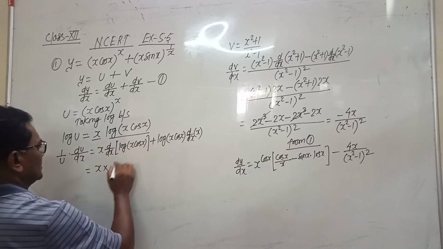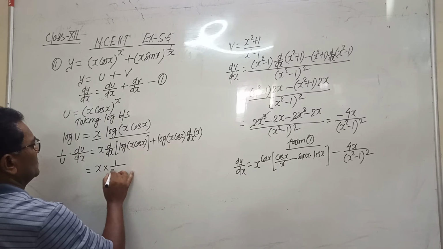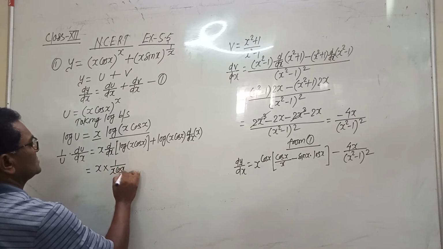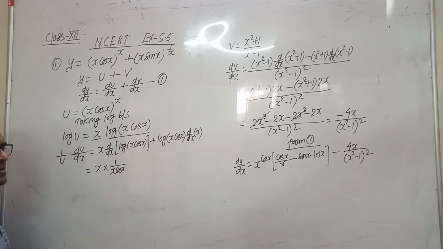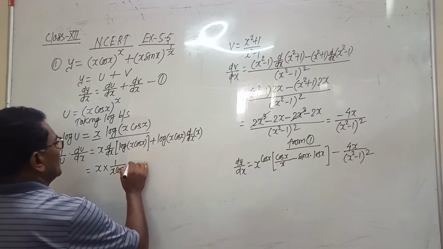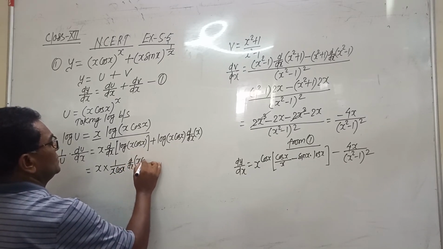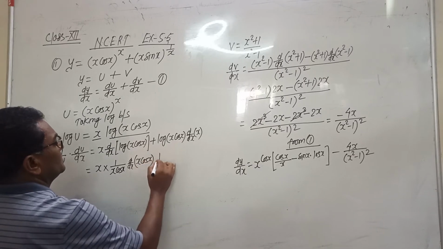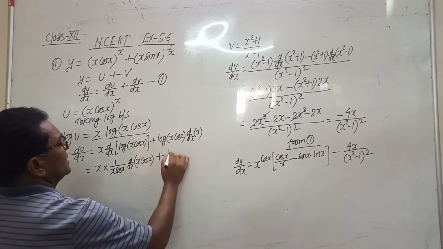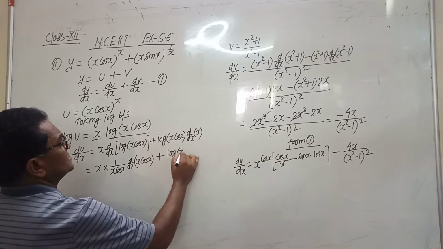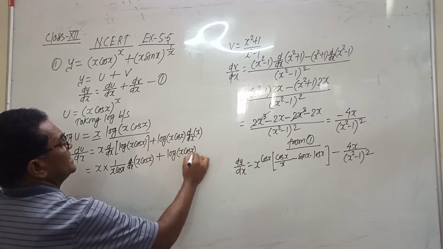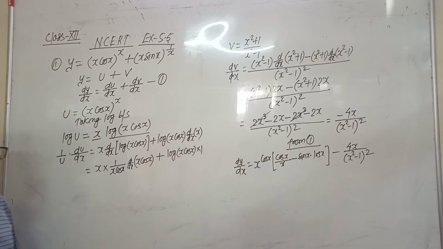So differentiation of log x cos x is 1 by x cos x, and d by dx of x into cos x, plus log x cos x as it is and d by dx of x is 1.